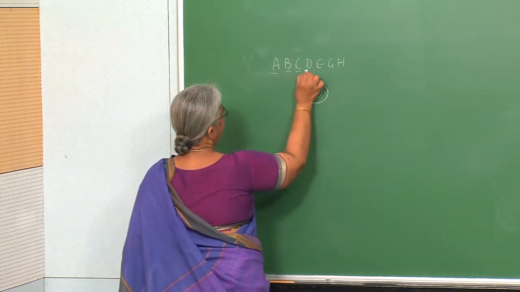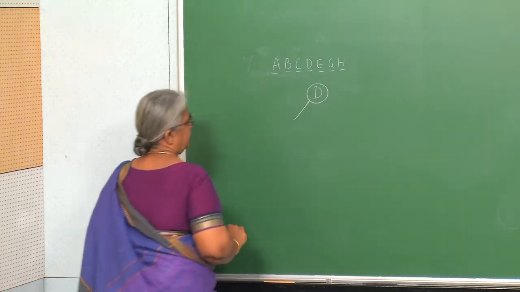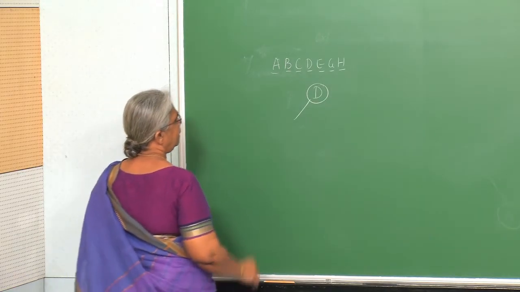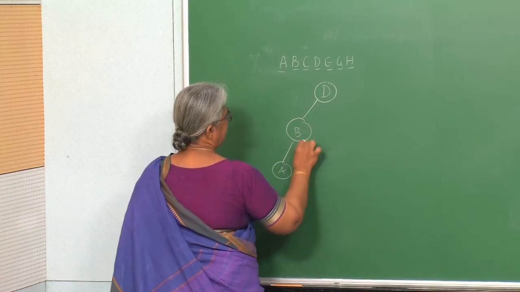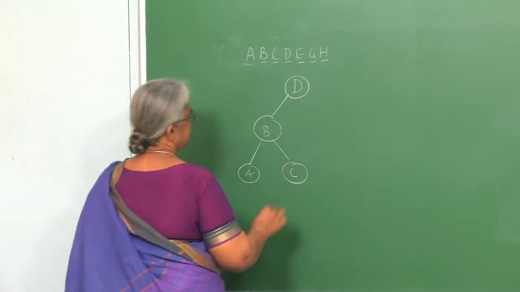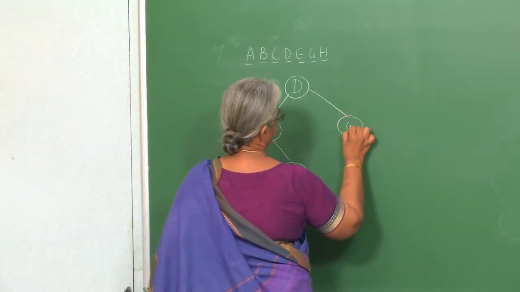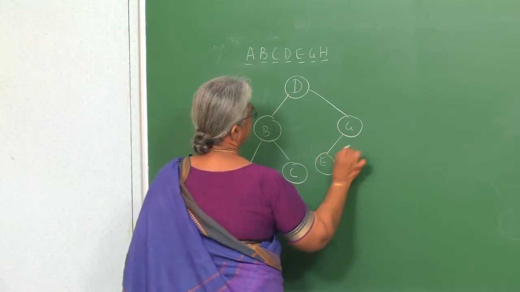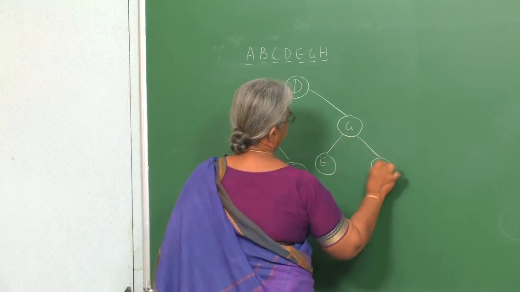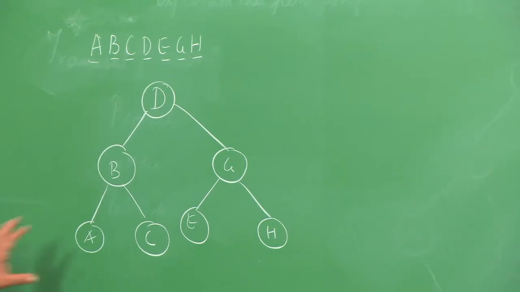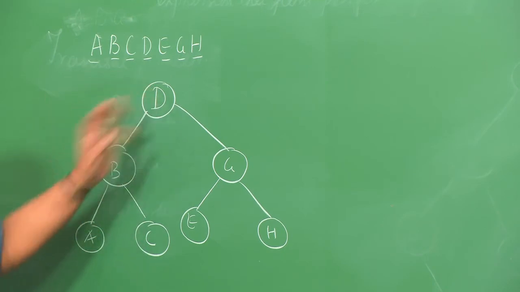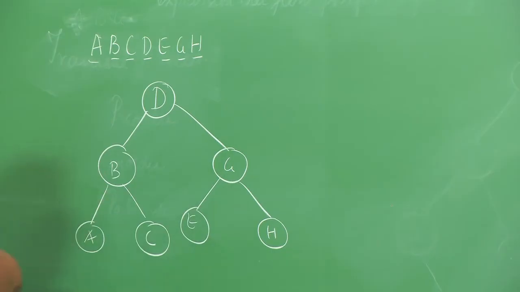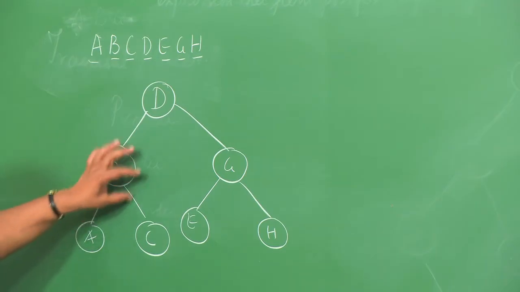Let us say each one of the letters of the alphabet is a key, then this is a binary search tree. Notice that all nodes on the left subtree have a key which is smaller than the root. I am assuming lexicographic ordering here, and all the nodes on the right subtree have a key which is greater than the root, and that is true of every node.